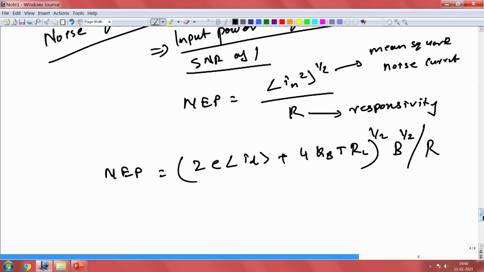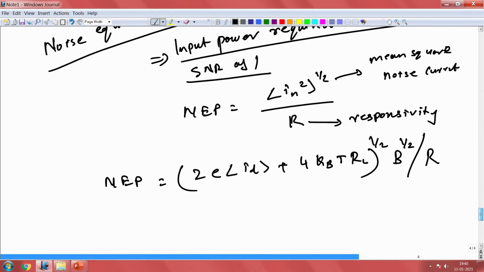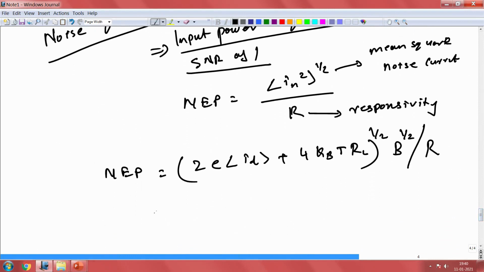Thermal noise is strongly frequency dependent, so the unit will be watt per root hertz.